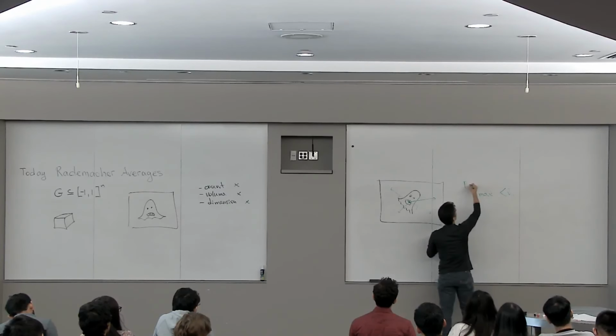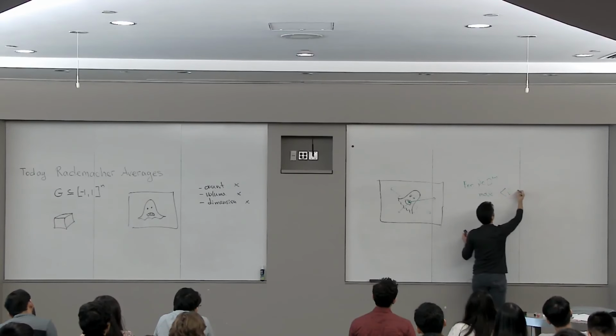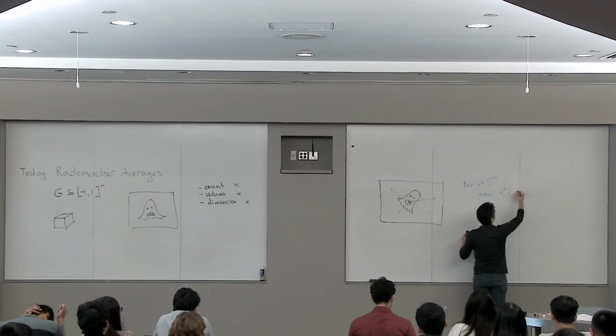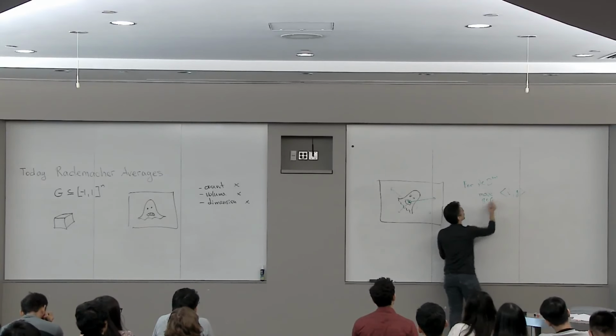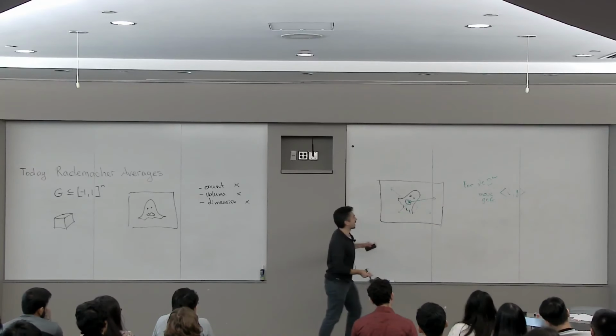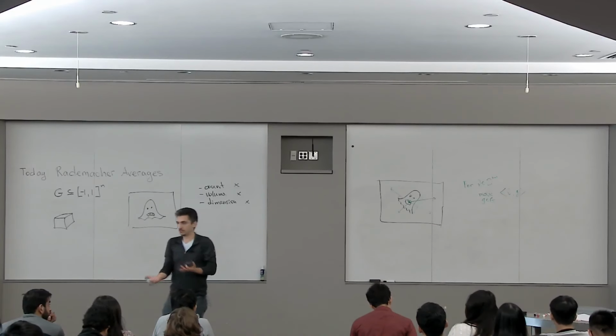For a nu from the sphere, that's the direction, and I'm going to measure the projection. That's exactly the largest projection I could obtain using my set.